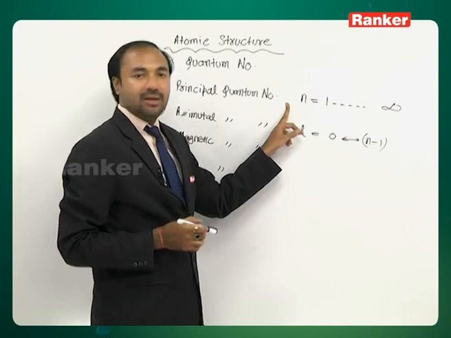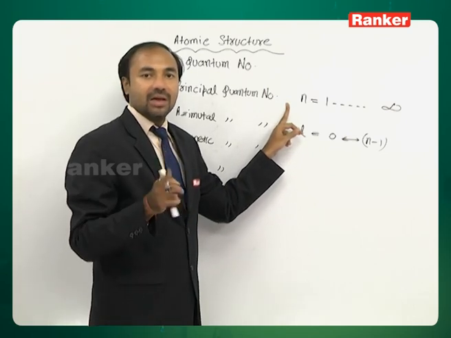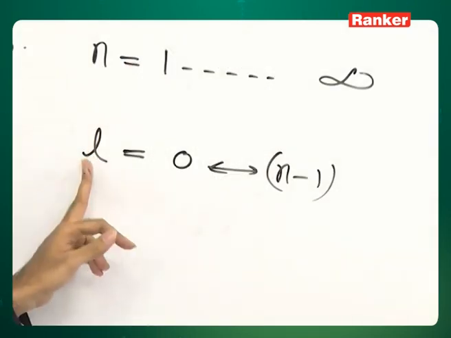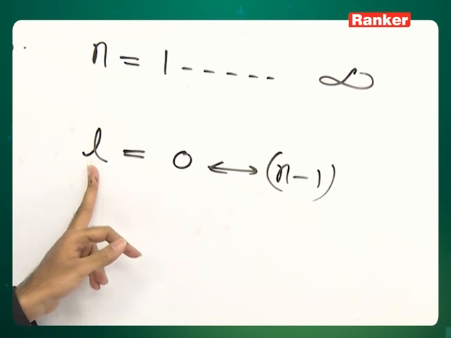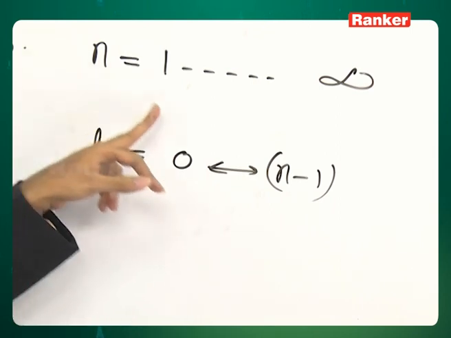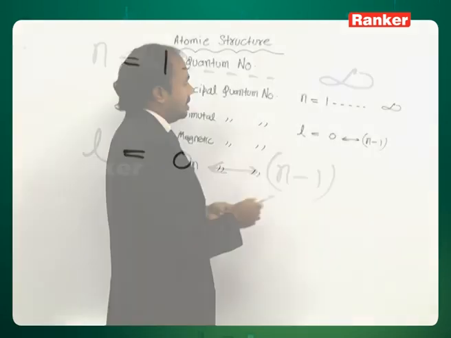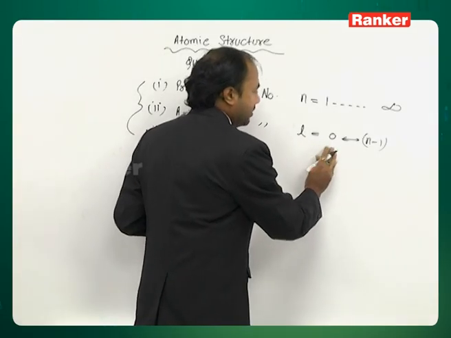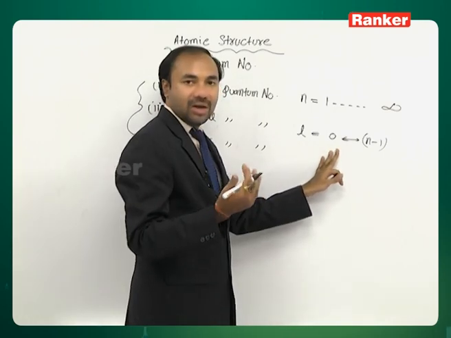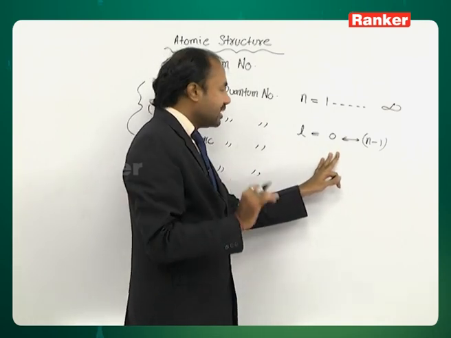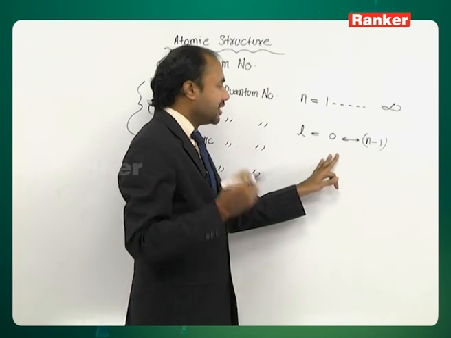It means in the first shell, we will have 1 subshell. In the second shell, we will have 2 subshells. Similarly, in the third shell, we will have 3 subshells. Now, these subshells are given by the number system 0 to n minus 1, as well as by symbols. We will go into details for this.